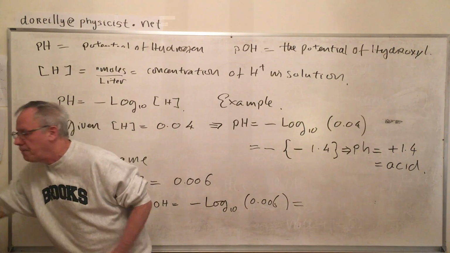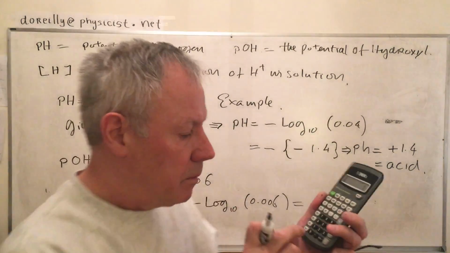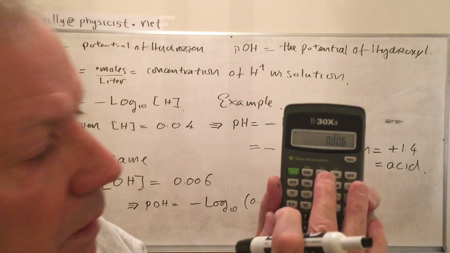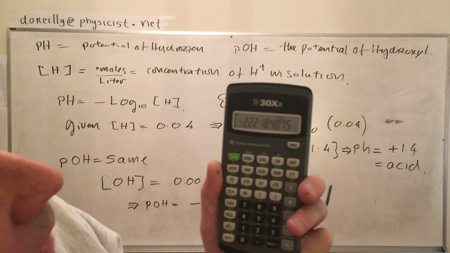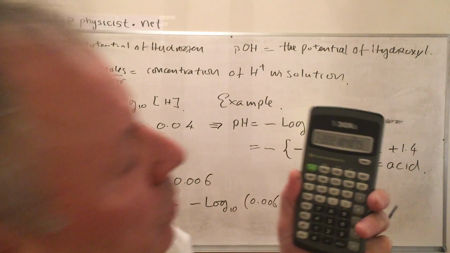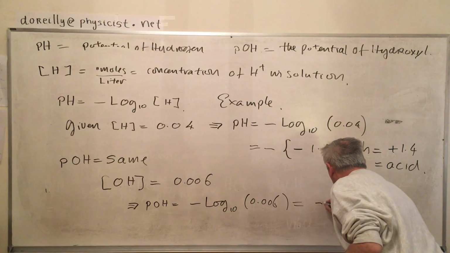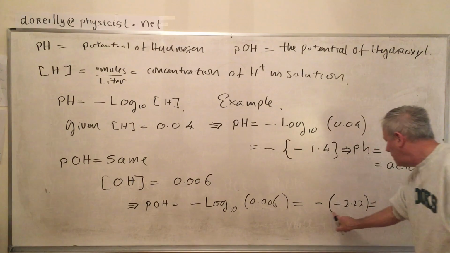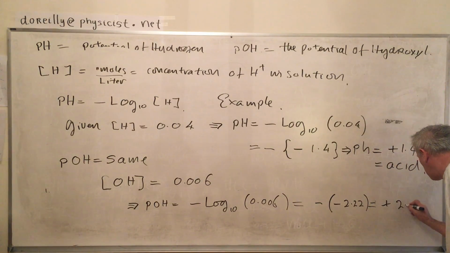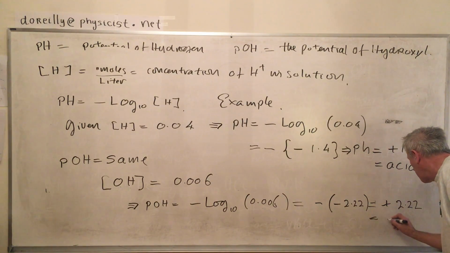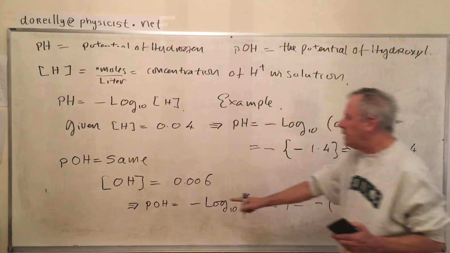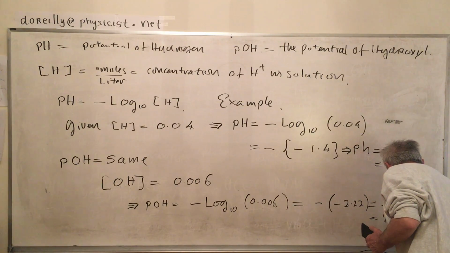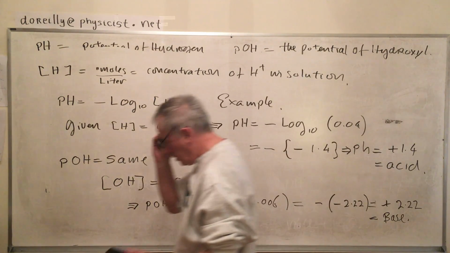And we go log, and up comes negative 2.22. Negative times negative is a positive. Now don't forget that this is a pOH and not pH, so it's a base. It's opposite, okay?